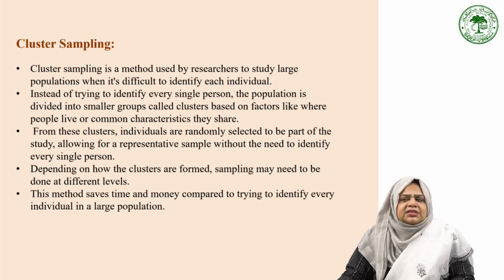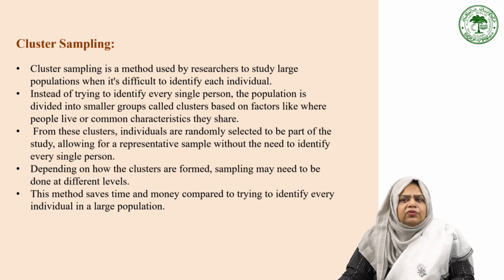The way the clusters are organized determines at what level the sampling is done. This method allows researchers to gather data effectively and efficiently without having to individually survey every person in the population. For example, if a researcher wants to study the eating habits of people in a city, they may divide the city into different neighborhoods.